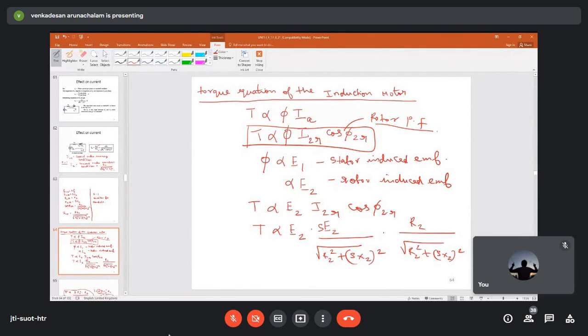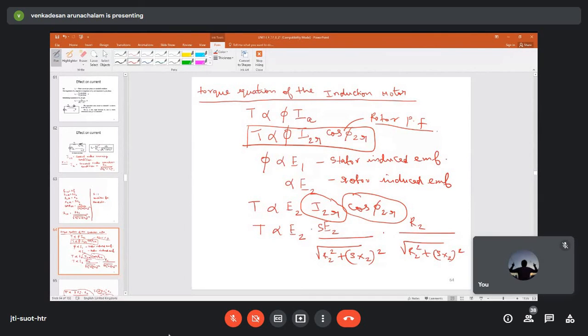So now torque is proportional to E2, okay? And what is my I2R? Just substitute the expression for I2R: S into E2 divided by root of R2 squared plus (S into X2) the whole squared. And what is the expression for cos phi 2R?